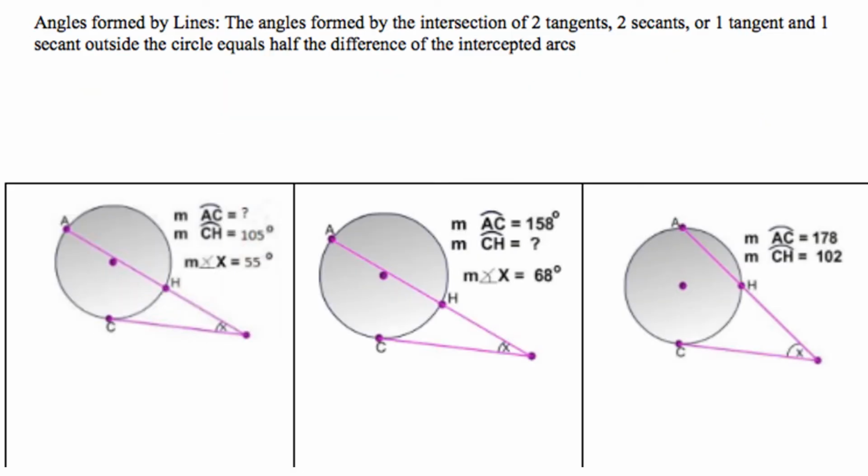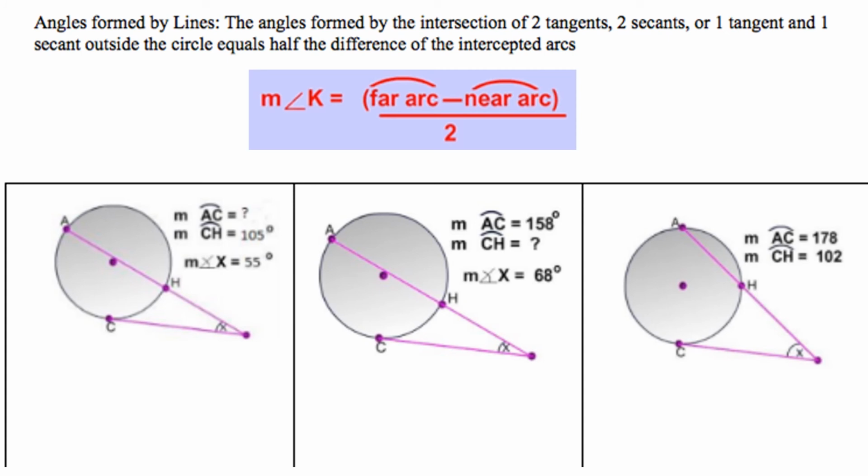Lastly, we need to talk about angles that are formed by either secants or tangents. This is our equation, that far angle, in these examples it's angle x, we need to find the far arc minus the near arc and then divide by 2. So in this first example on the bottom left, AC would be considered our far arc, CH is our near arc, and our angle x is the one that we're looking from.